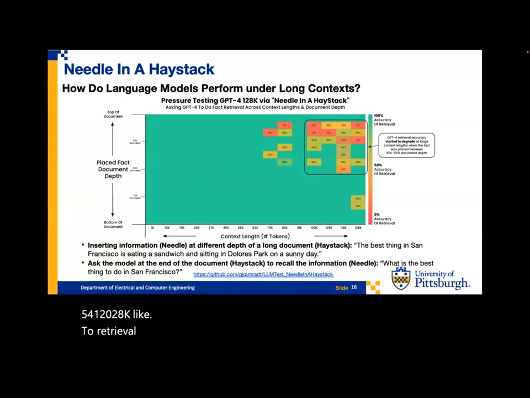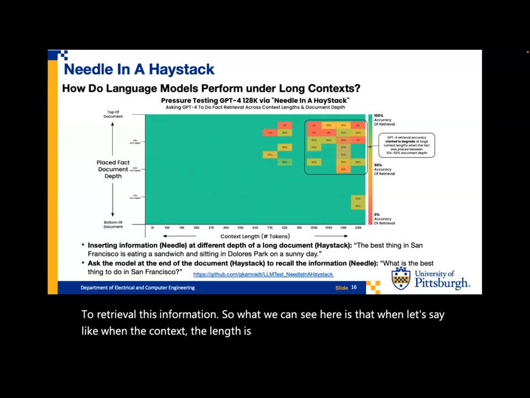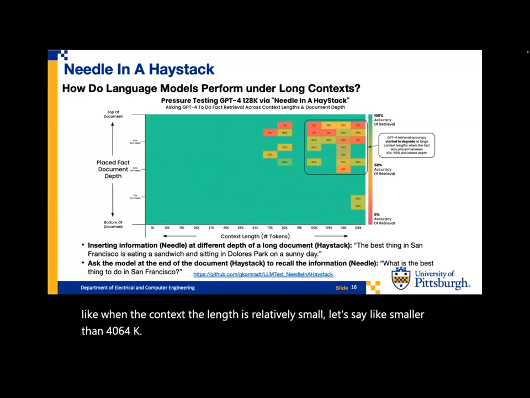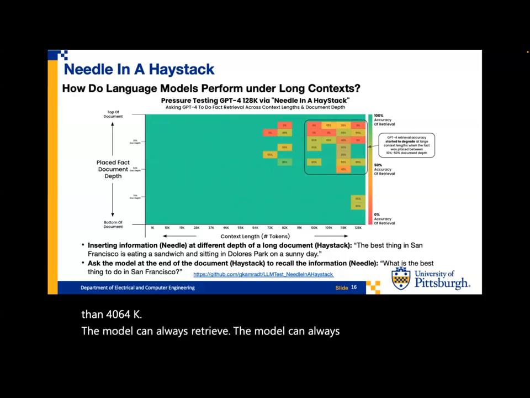So what we can see here is that when the context length is relatively small, let's say smaller than 64K, the model can always retrieve the correct answer.